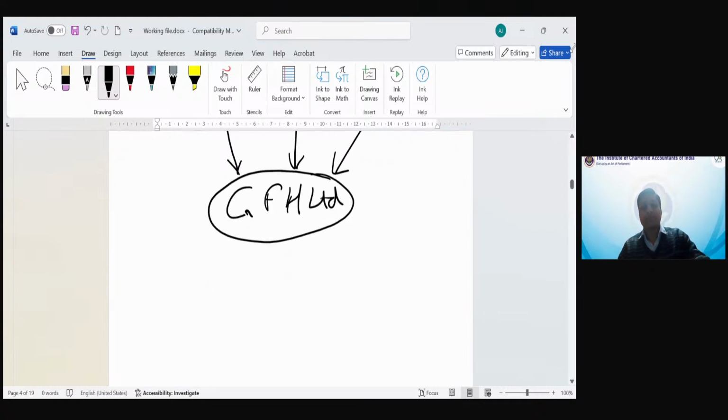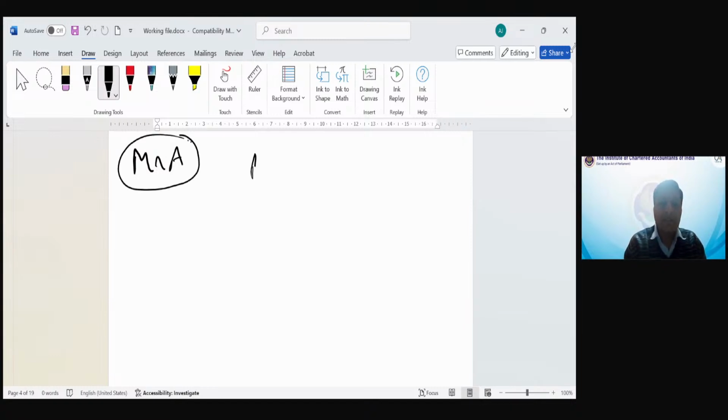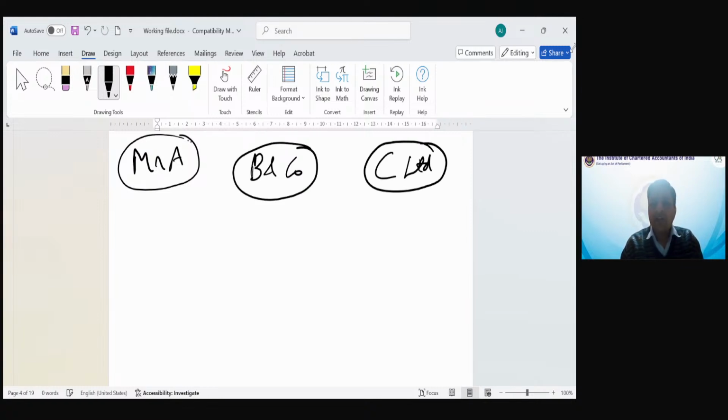Okay. Another example. We have Mr. A. Then we have B and company, so it seems to be a firm. And then we have C Limited. So one is an individual, second is a firm, third is a company.